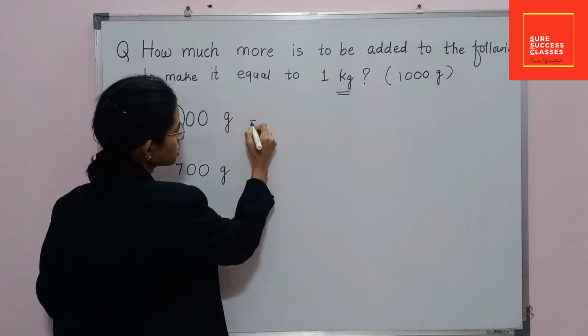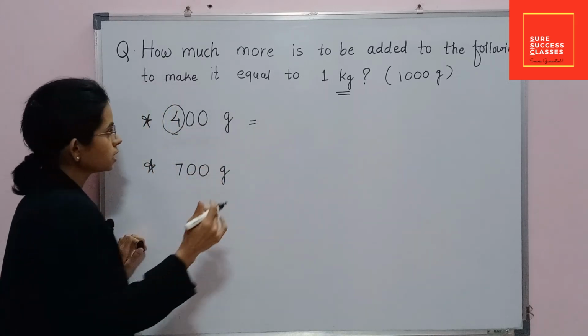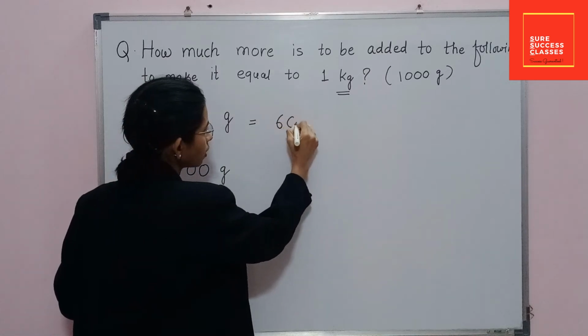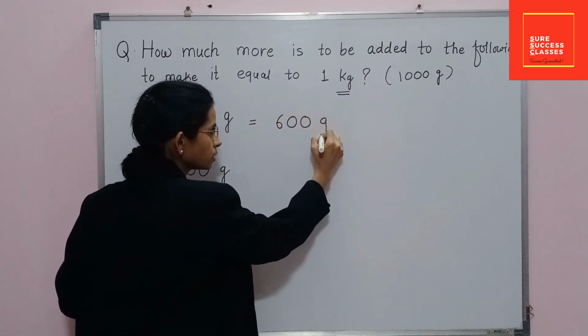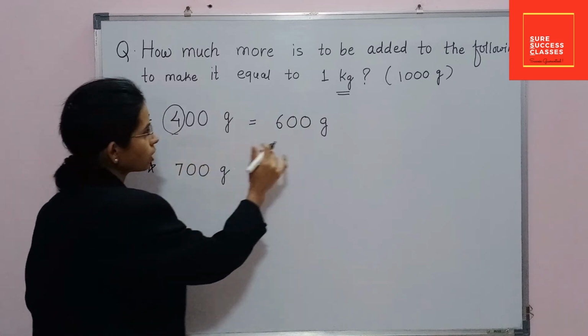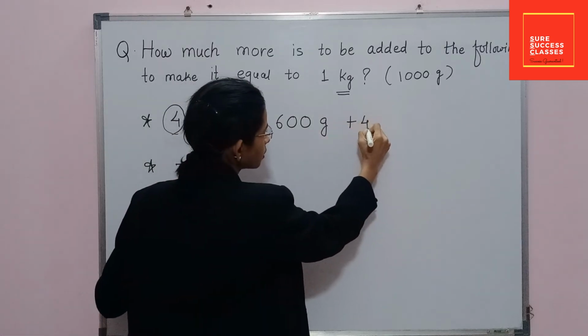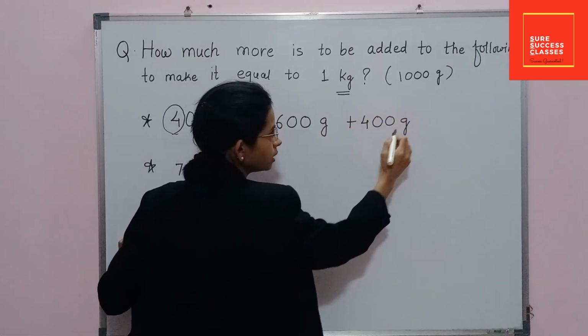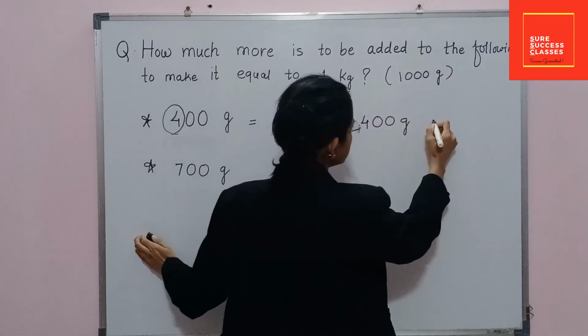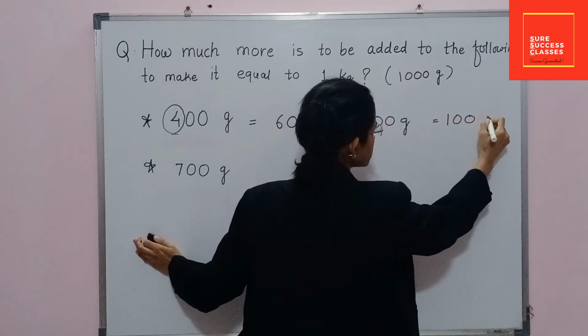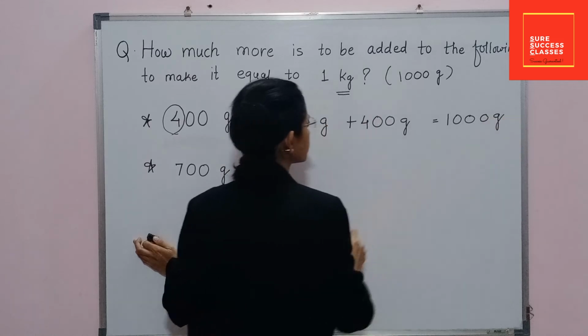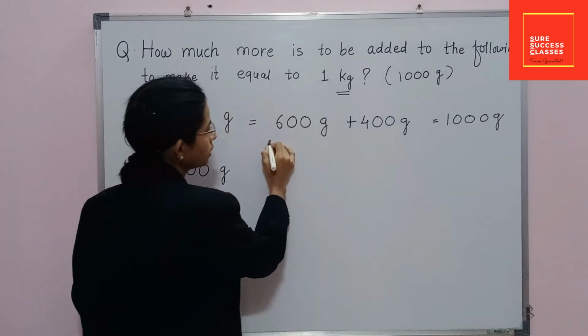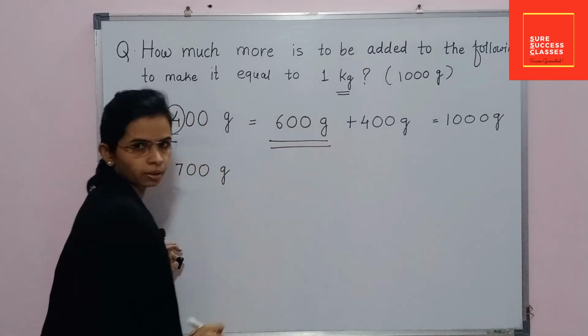Then when we add 600 grams to this 400 grams, we will get the result as 1000 grams. So our answer will be 600 grams.